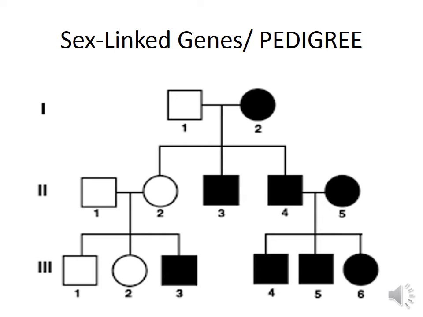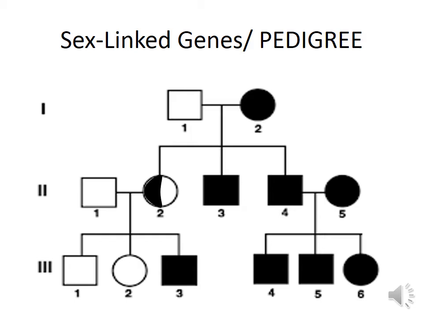Now, how about for pedigree? Go to your module on page 15. Meron kayong activity nito wherein you're going to do a pedigree. Now, for an introduction, a pedigree is just like a family tree. But instead of using their pictures, we're going to use shapes. So, we're going to use square for male, circle for females.